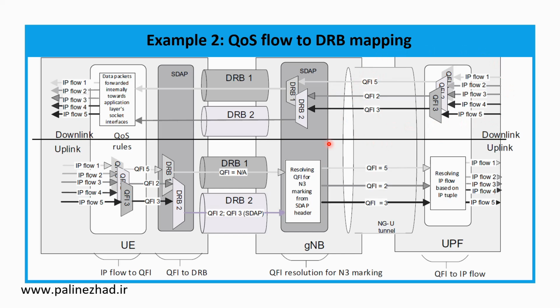And then the NG-RAN, the gNodeB, the access node, has the QoS profile of these QFIs, and as you know, this gNodeB received them during the PDU session establishment. You see it in previous slides in the control plane signaling.